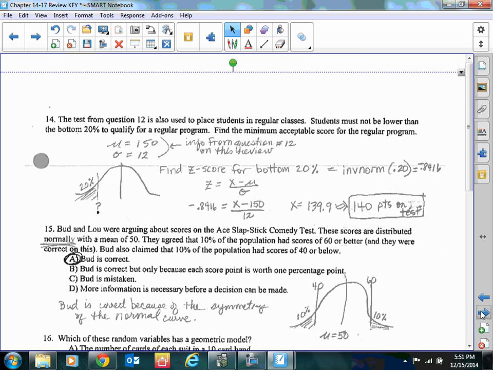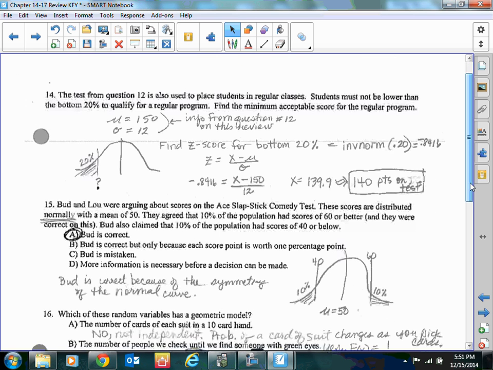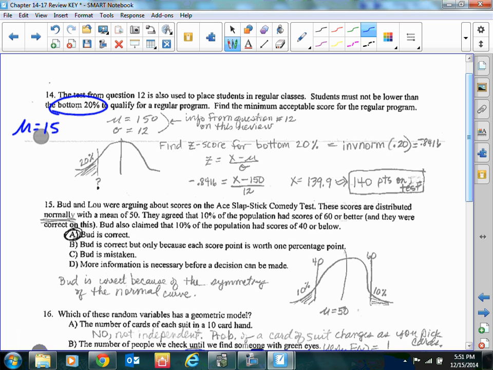All right, number 14. Okay, this is, again, another normal problem because I kind of had to give you quite a bit of review. We hadn't done these in a while. The deal is that it tells you the mean of 150. It tells you the standard deviation of 12. You do not know the x value, but the z-score comes from inverse norm of the area below, which is 20%.